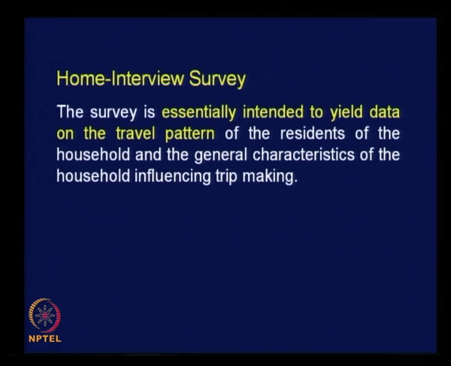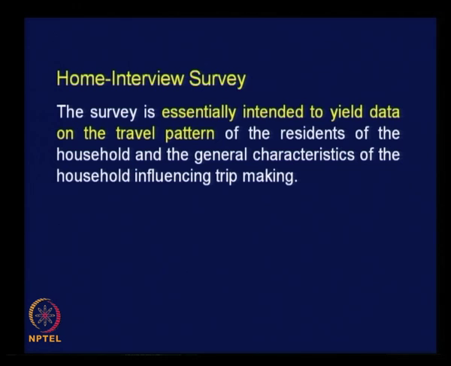Of course, the purpose of the survey is known to you. This is essentially intended to yield data on travel pattern in the urban area of the residents of the household and the general characteristics of the household influencing trip making.